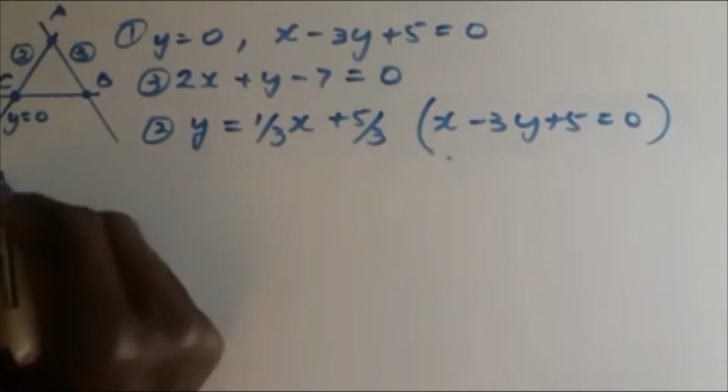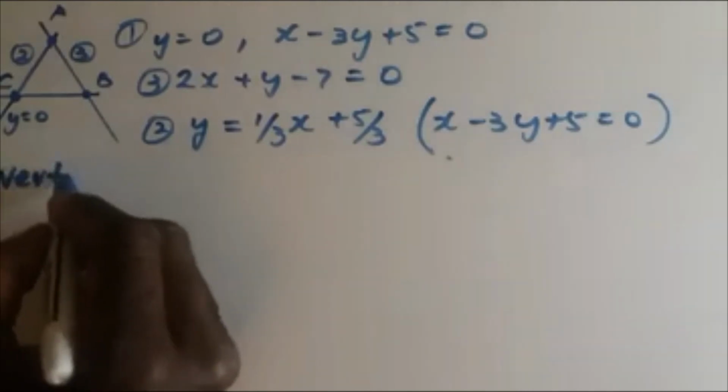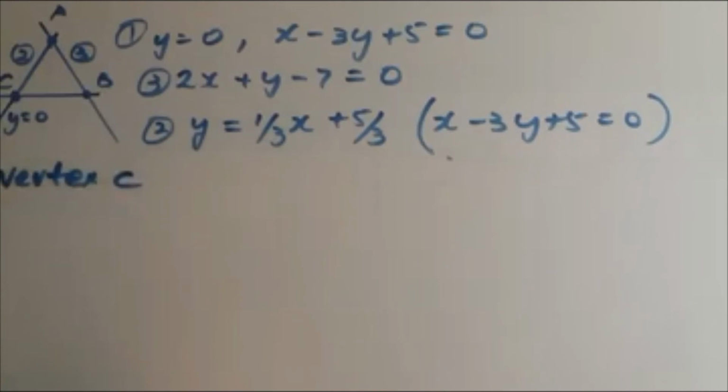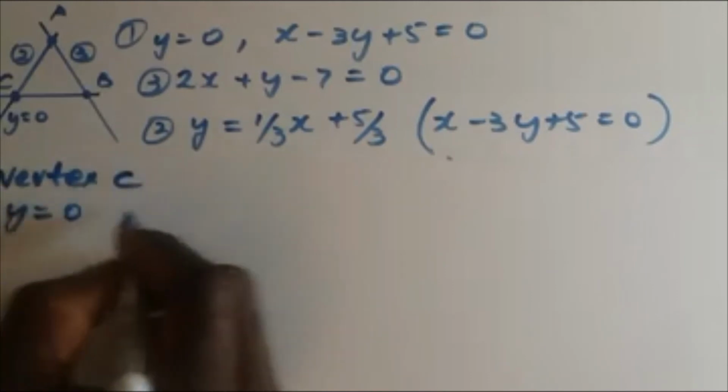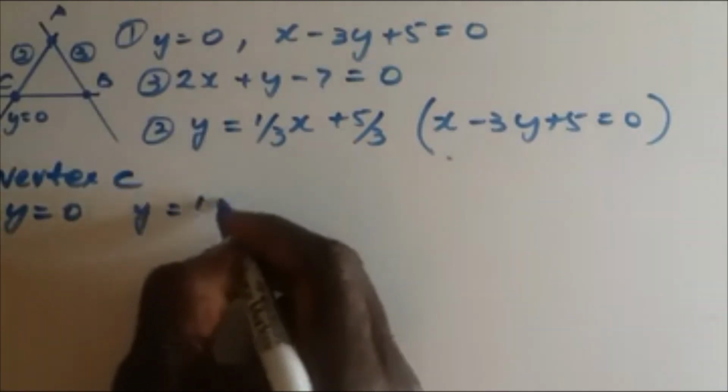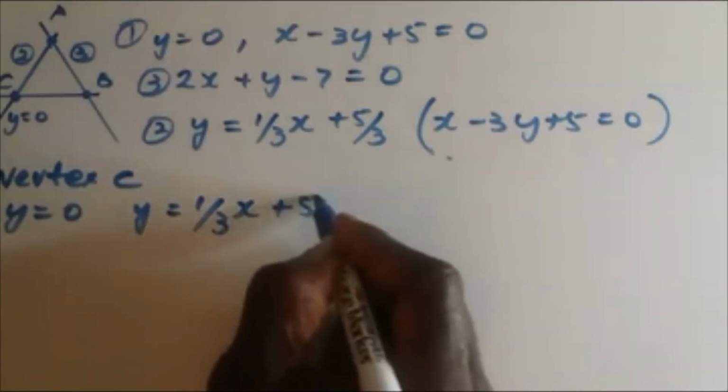Lastly, we have vertex C. So we have y is equal to 0, and we have the other line, y is equal to a third x add 5 over 3.